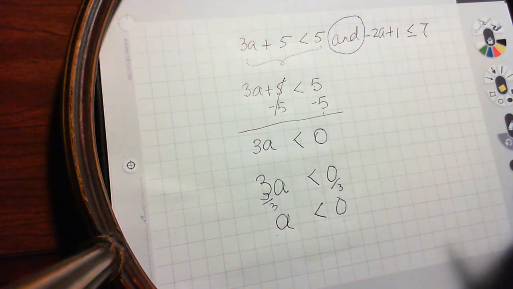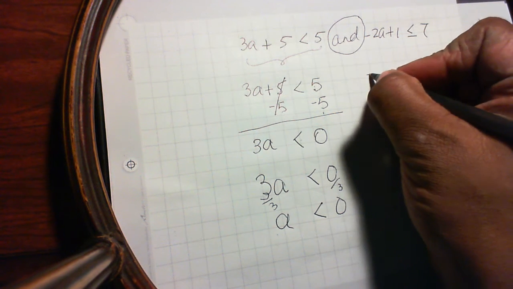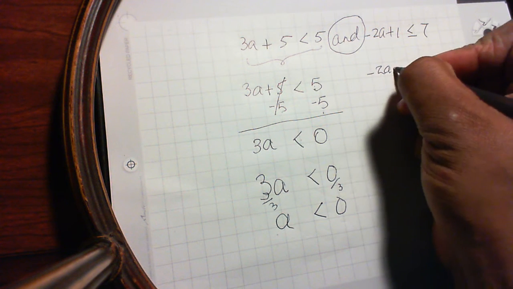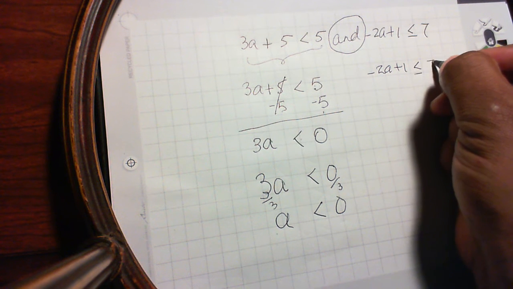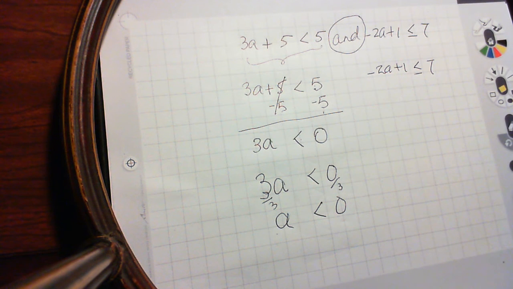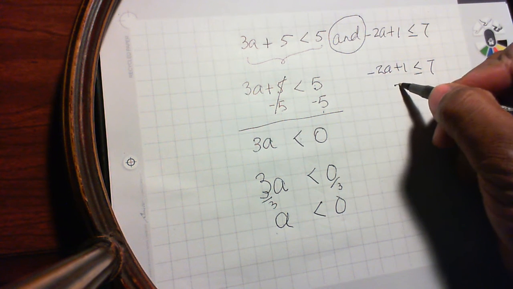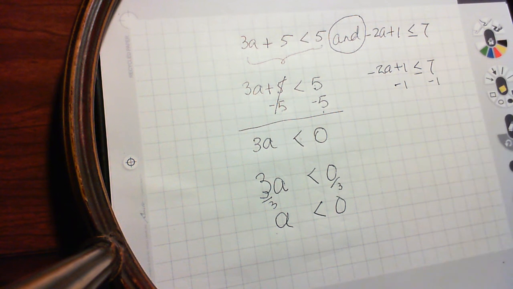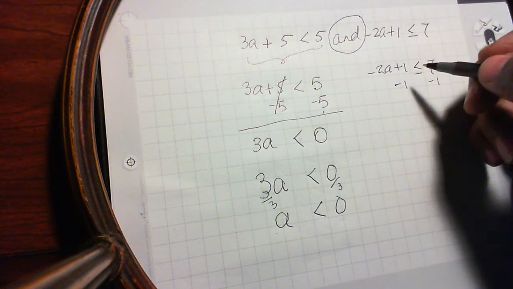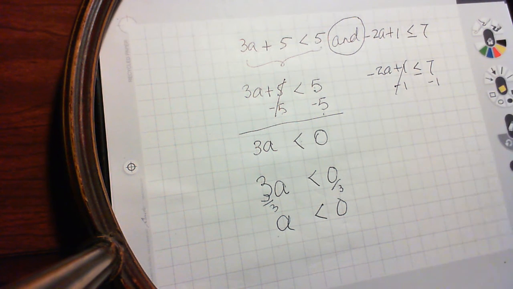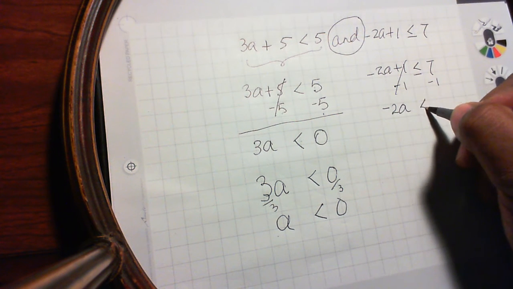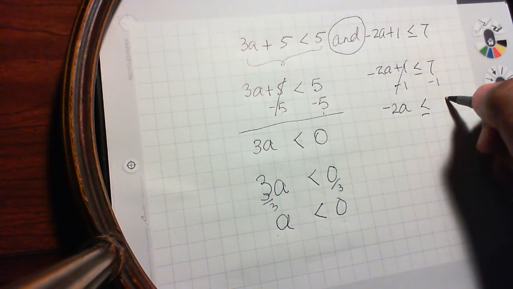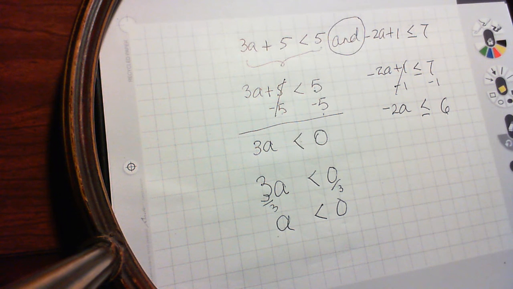For the second part, we have negative 2a plus 1 is less than or equal to 7. Okay, so we're going to take out a 1, right? So these two will add up to 0. So we have negative 2a is less than or equal to positive 6.